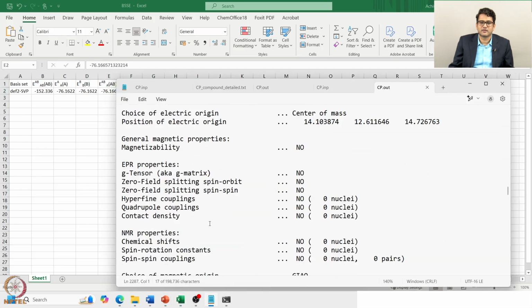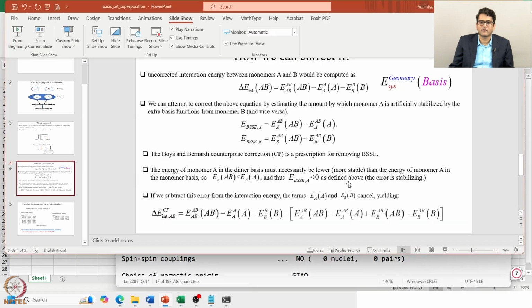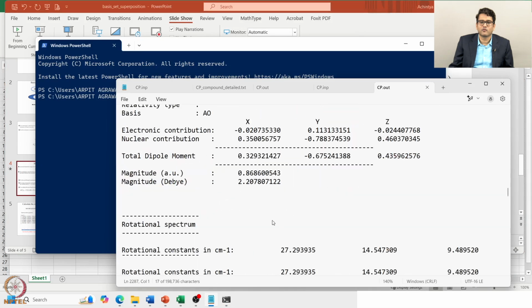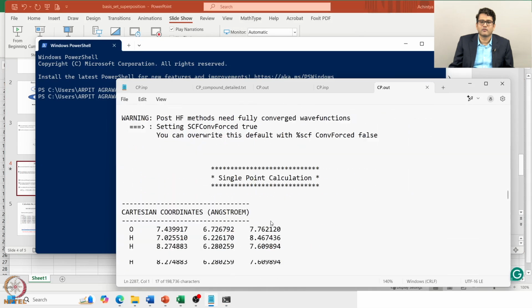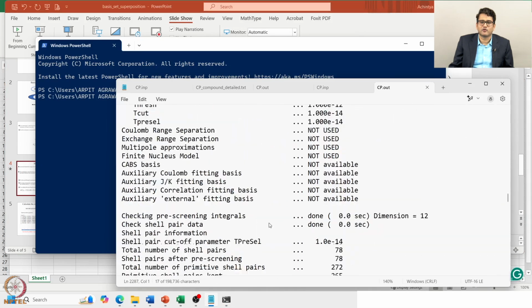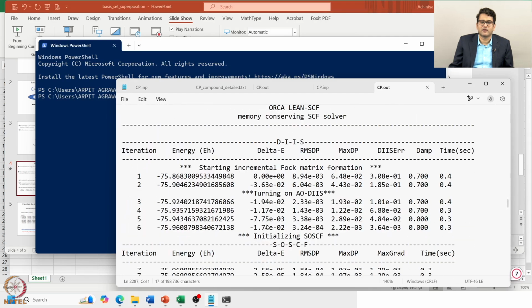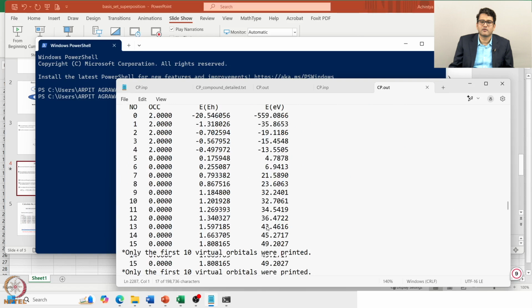Now next is the energy of A at the geometry of AB and basis set of A. Of course, this energy will be lesser than the previous one because the previous one was done with the basis set of AB.